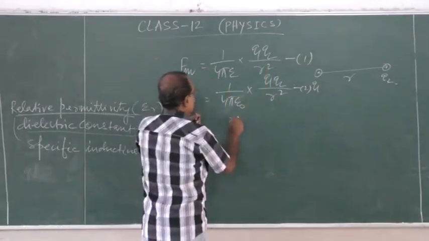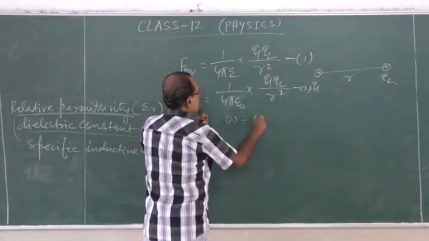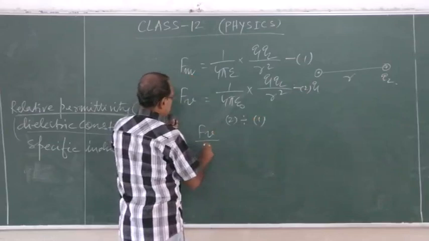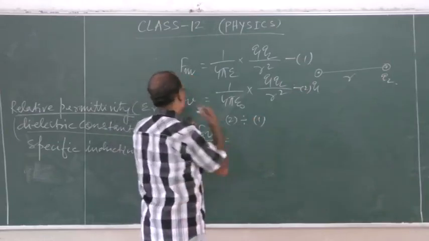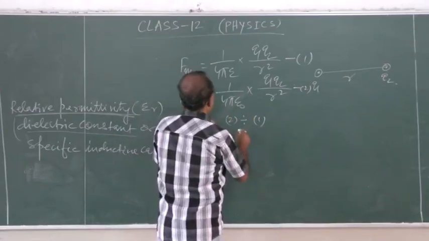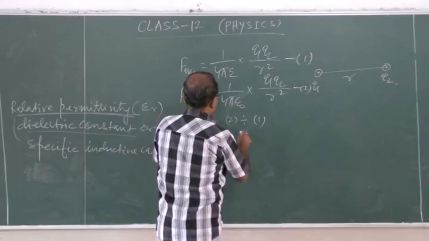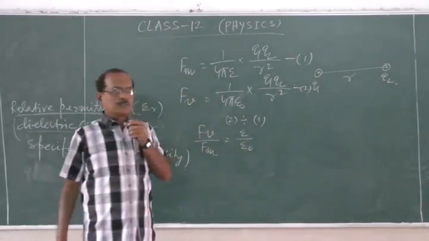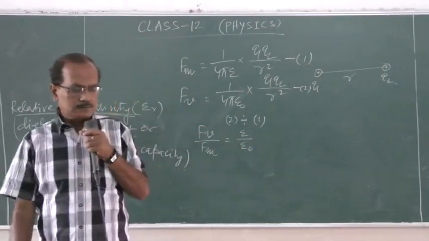Now we will divide 2 by 1. Fv by Fm will come epsilon by epsilon naught only, and the other terms will cancel.